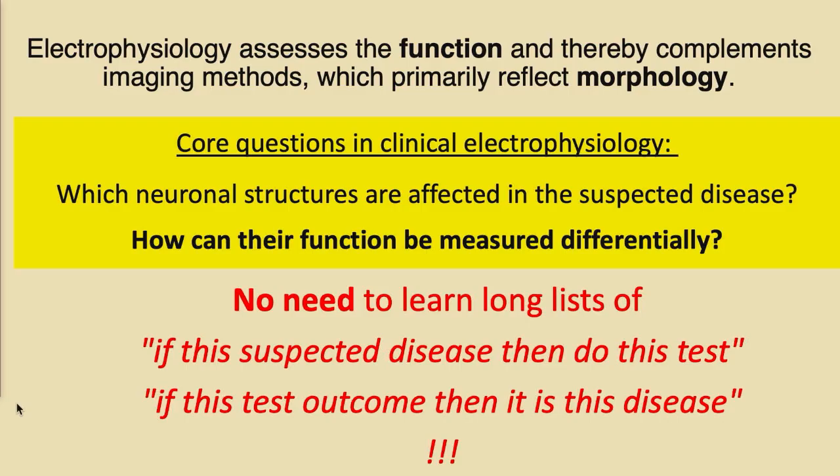Some people try to learn that by heart, and then they have a long list and don't remember it on the day they need it. I would rather come from a different perspective: if you know the pathophysiology of the disease in question, you know whether it's the cones that are affected, or the rods, or the optic nerve, and you know a bit about the electrophysiology tests, then you can tell which test to use, because you know which cell type you need to test.